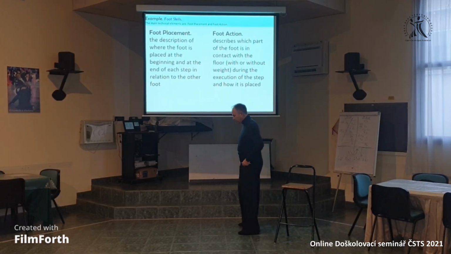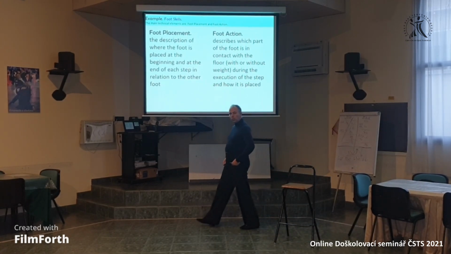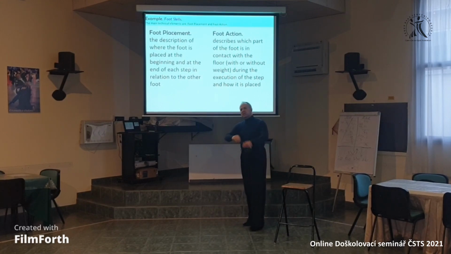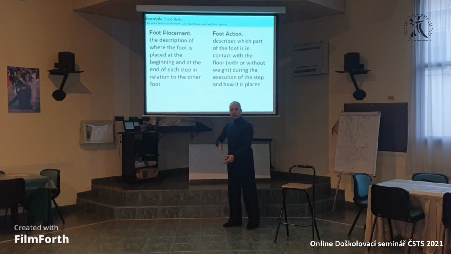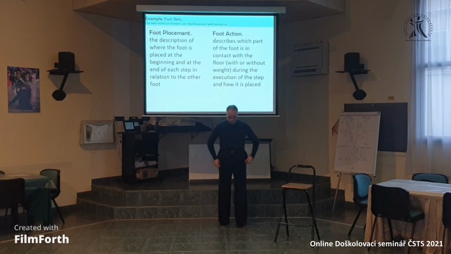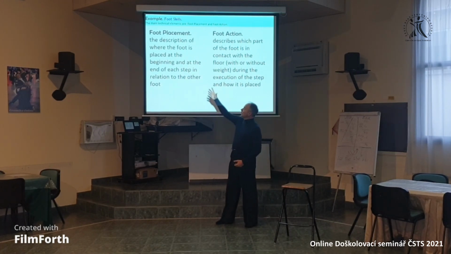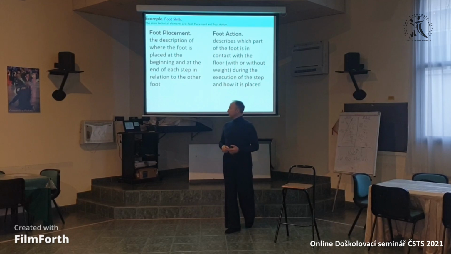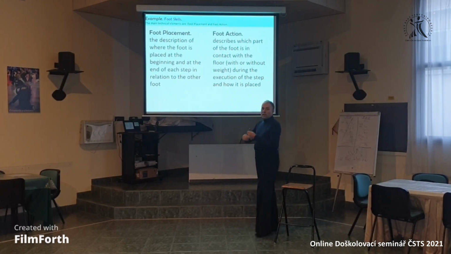I make an example. The right foot is going forward because it's going forward in relation to the left foot. So that is the main definition. It's going forward with a particular attitude, so it's going forward in CBMP. Going forward in CBMP is what we consider foot placement, the definition for this particular step.